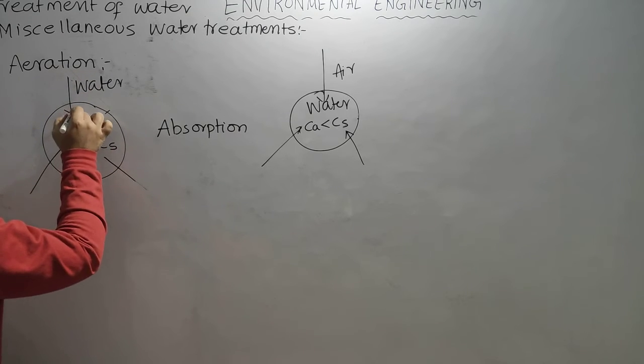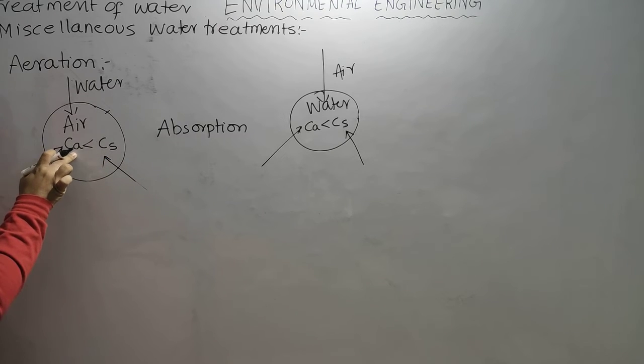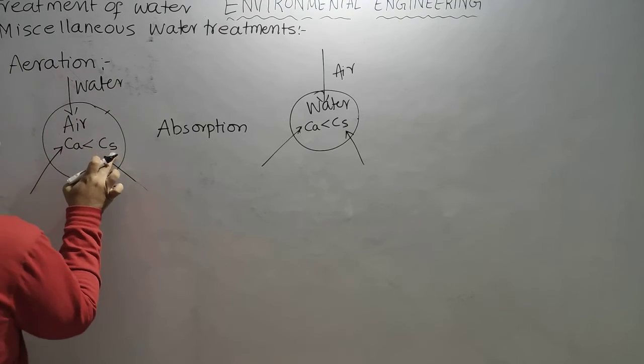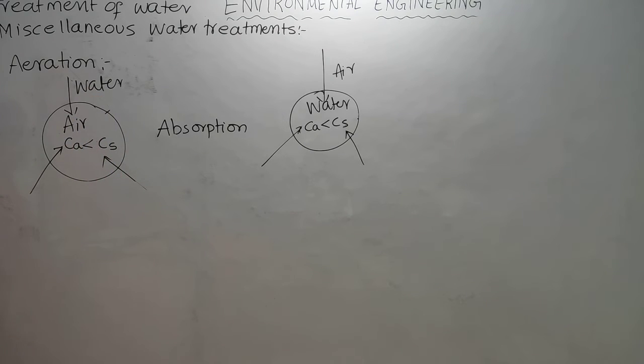In that case, what happens? From water to air it will come. The actual concentration in the air is less than the saturation concentration, but in water it is there. That is why it is called desorption.